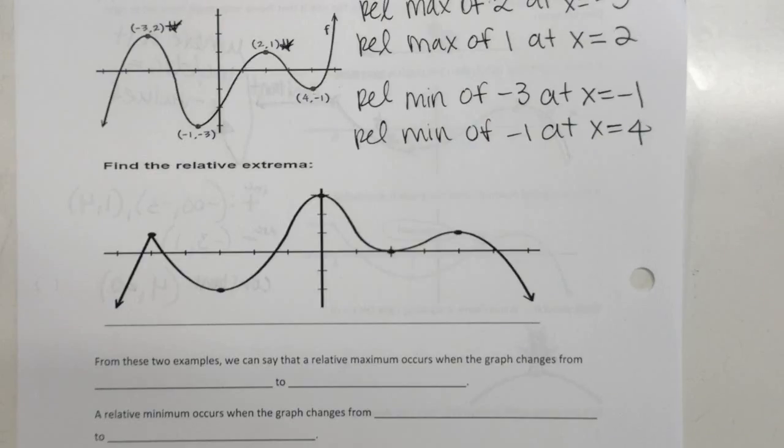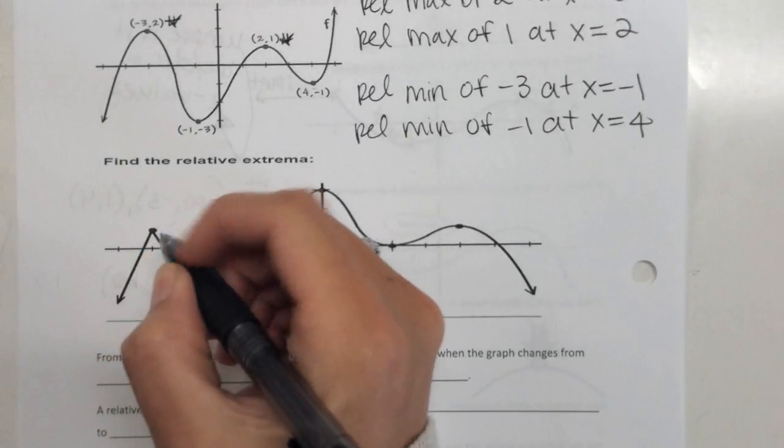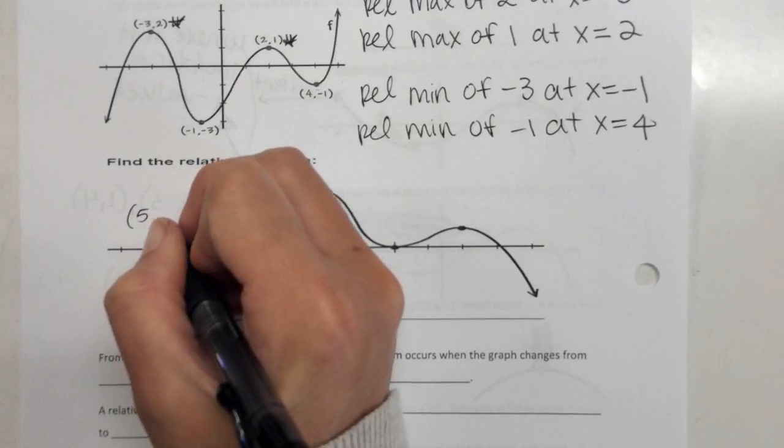You already did your maxes, right? Now find your lowest points in their area. There we go. Alright, Brandon, tell me this point. That is 5, 1.